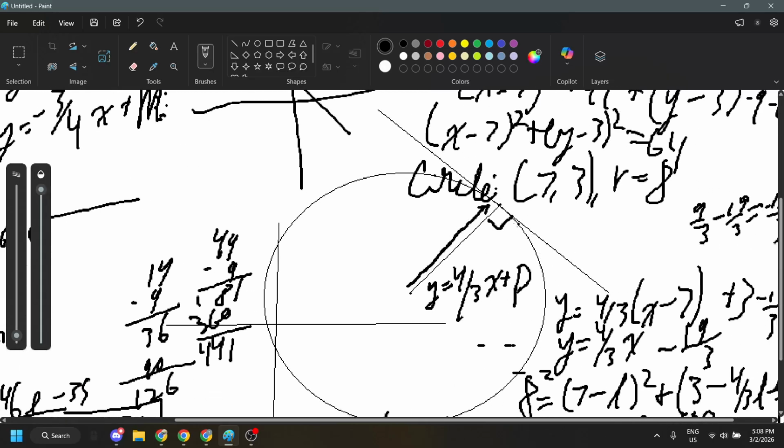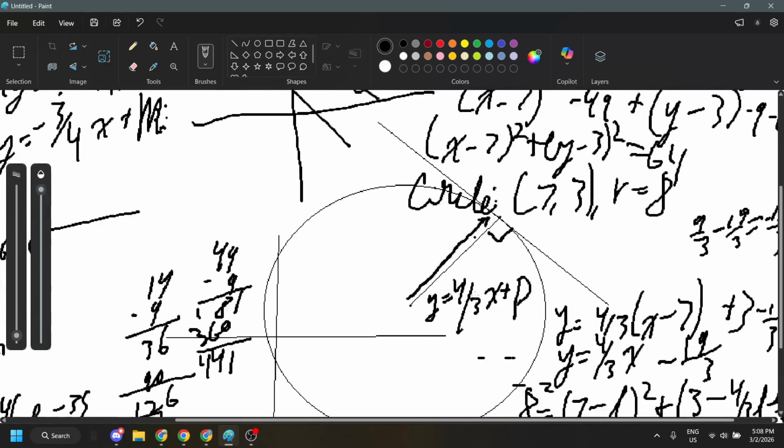So we just need to find the point here that is tangent, which is what we did.